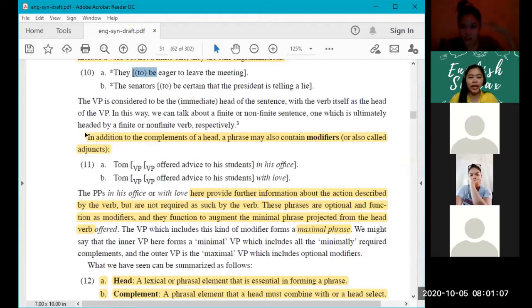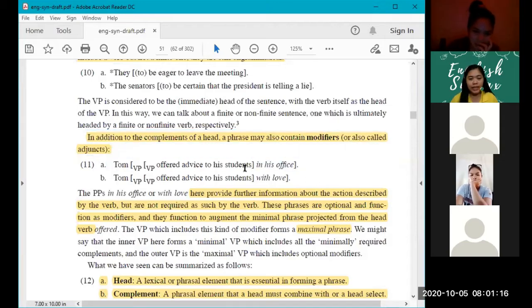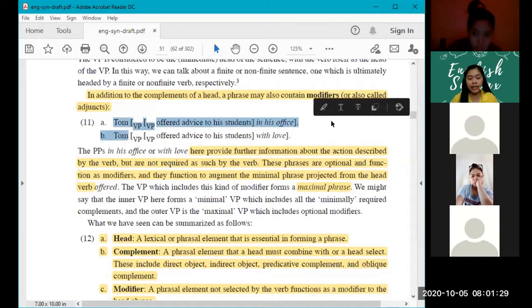Okay, so in addition to complements of a head, a phrase may also contain modifiers, also called adjuncts. In this example, the italicized phrases are adjuncts or modifiers. So the PP offered in his office serves as the adjunct or modifier in these sentences.